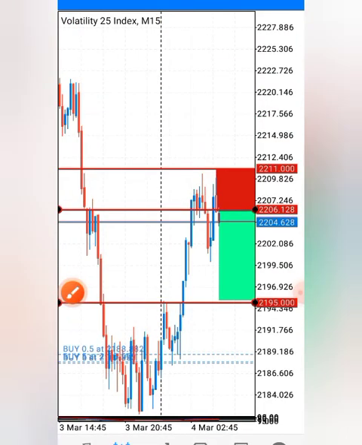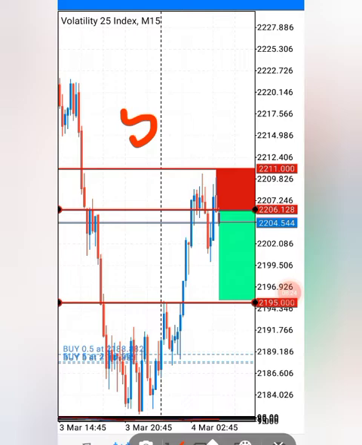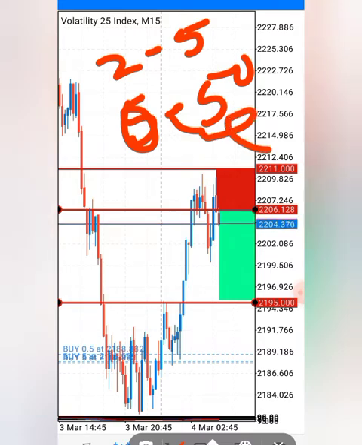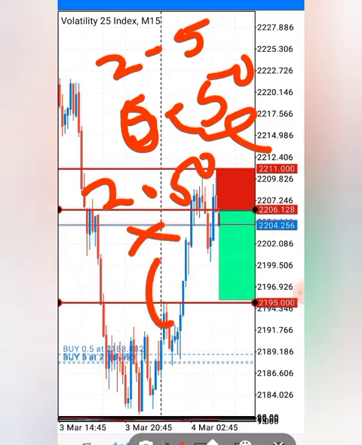So remember, on each 0.5 loss size, you are losing $2.50. So let's assume that you have these positions up to 6. So we're multiplying 2.50 by 6. So 2 times 6 is already giving you $12.